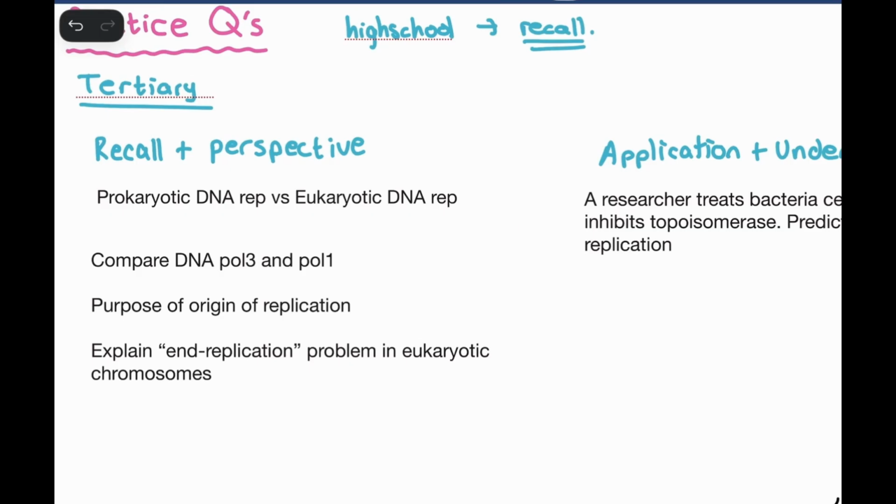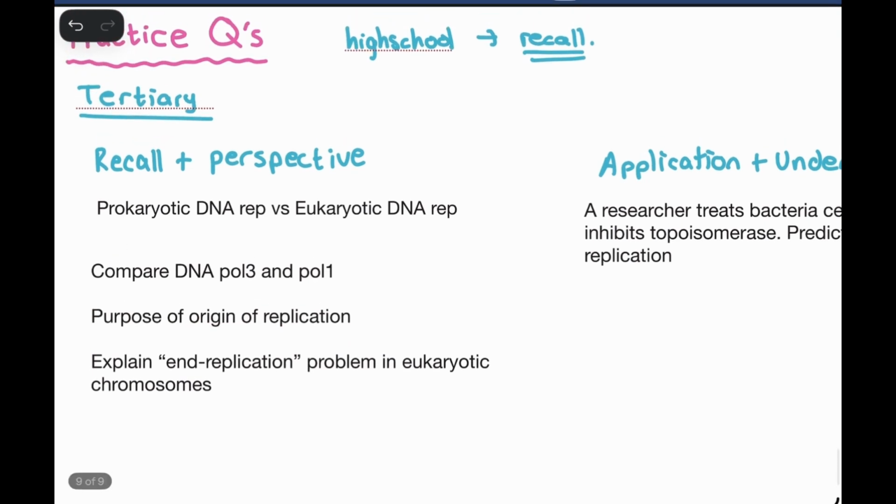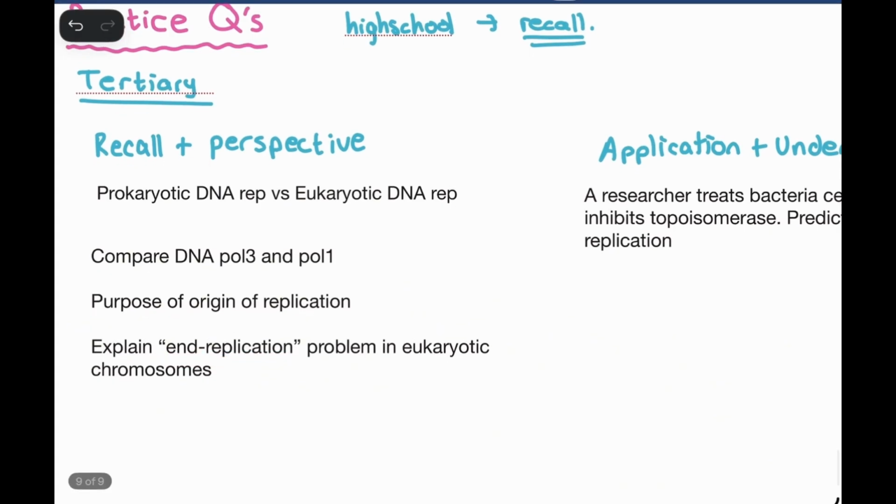So testing on DNA replication in different types of cells, or maybe the enzymes that are a part of DNA replication. Similarly, they could ask the purpose of a specific step in DNA replication, like what is the purpose of the origin of replication? Or they could ask you to explain the purpose of end replication and the problem that eukaryotic chromosomes have during the termination phase.